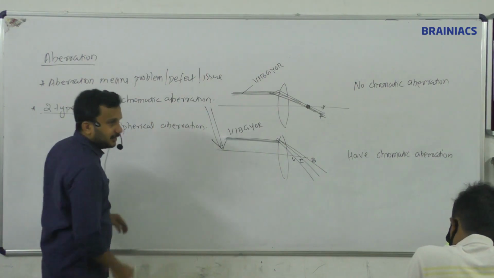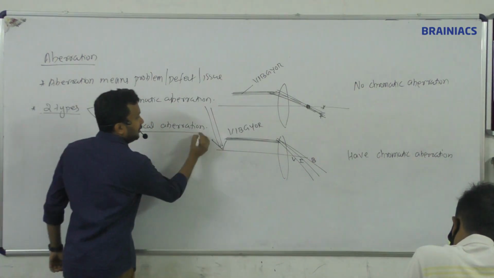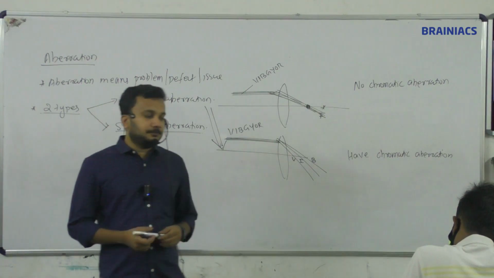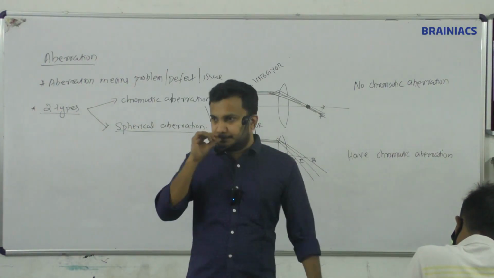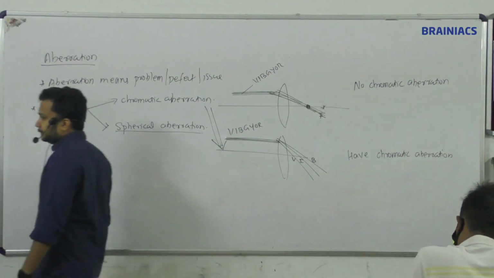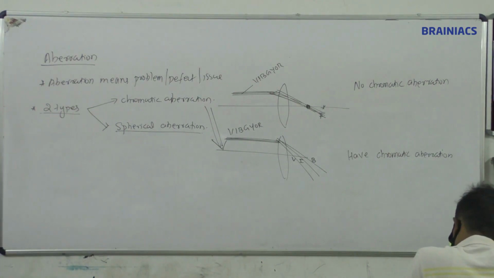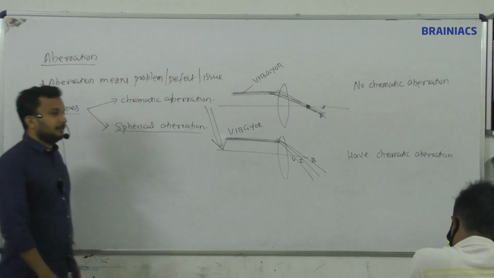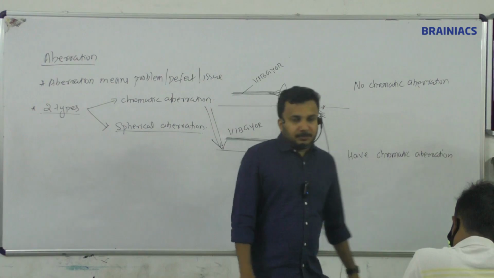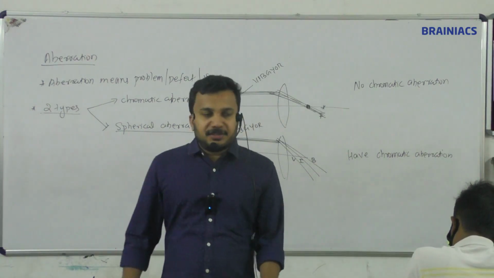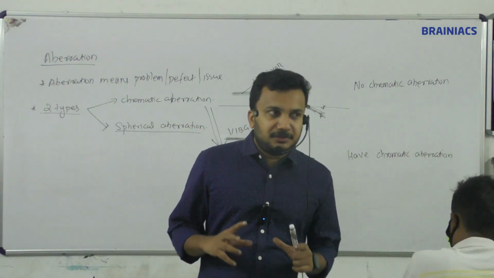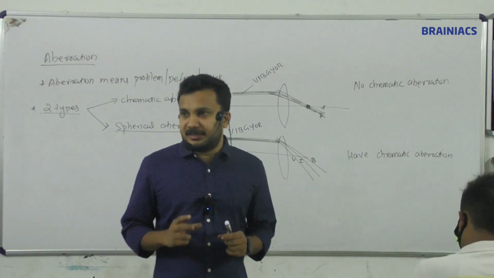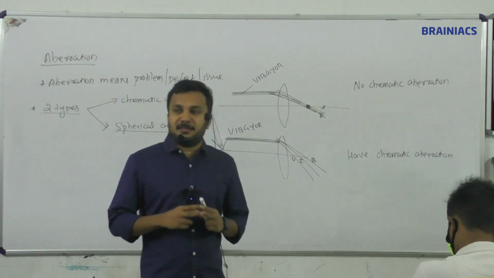Next heading, spherical aberration. To avoid chromatic aberration, we have to use the correct material. The material the lens is made in is important.